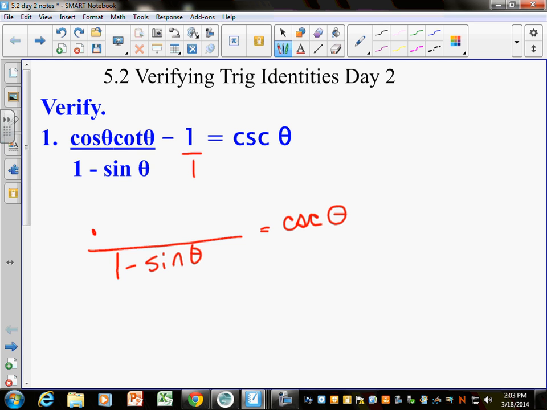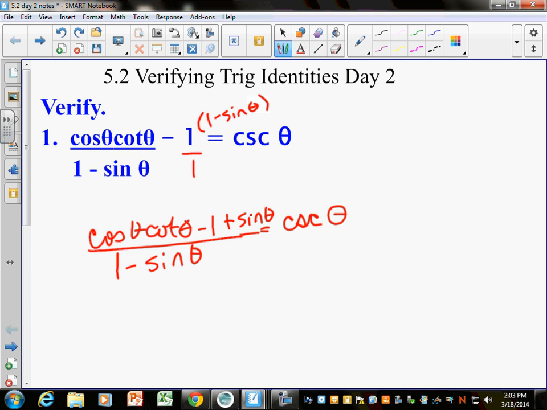No, it's just going to say cosine theta, cotangent theta. But be careful over here because you're subtracting 1 times 1 minus sine theta. So minus 1, but then negative 1 times negative sine becomes a positive sine theta. You with me on that math?